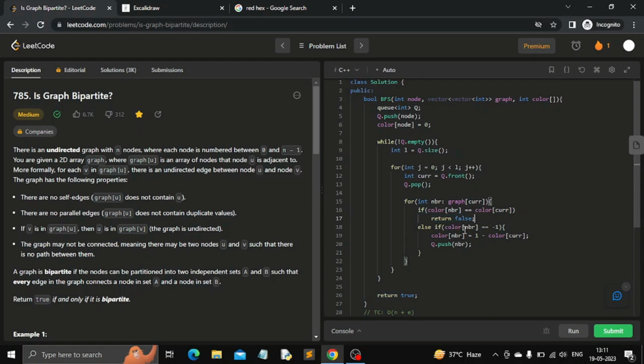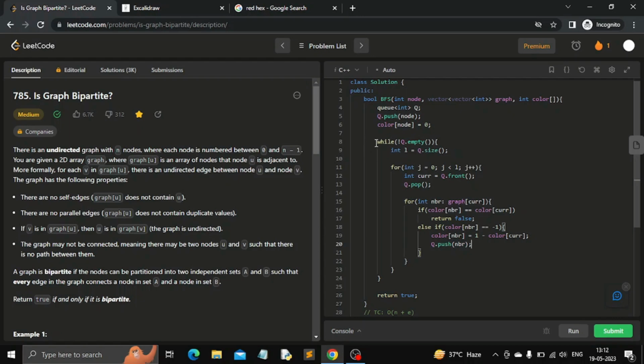Else if the color of the neighbor node is -1, it means that that node is not colored yet. So we are assigning the color of the neighbor node with 1 minus the color of the current node, like we discussed before, and we are pushing the neighbor node in our queue for the next levels, right?